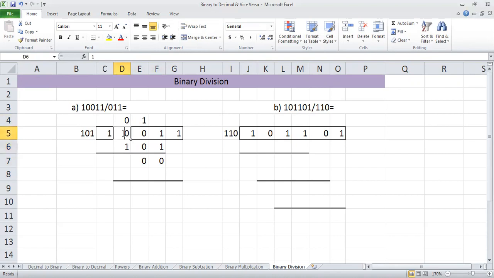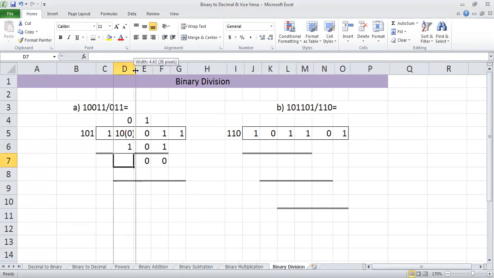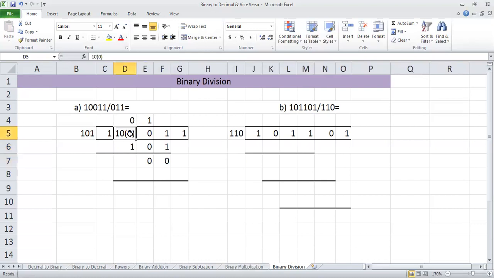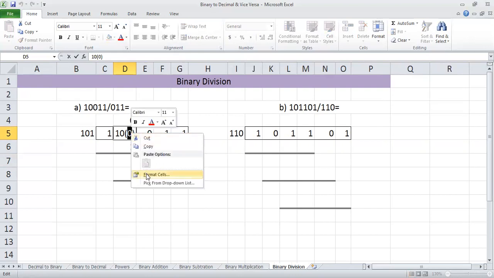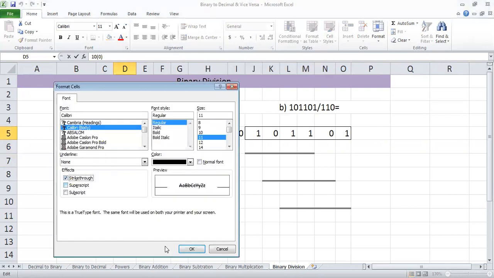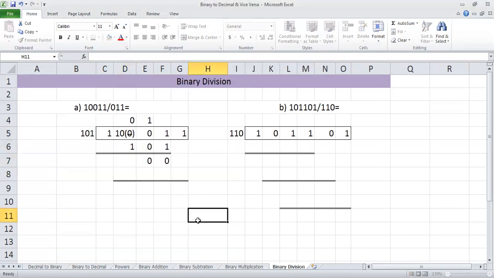And when it will take a borrow from the next number, this number will become 10 and this number will become 0.